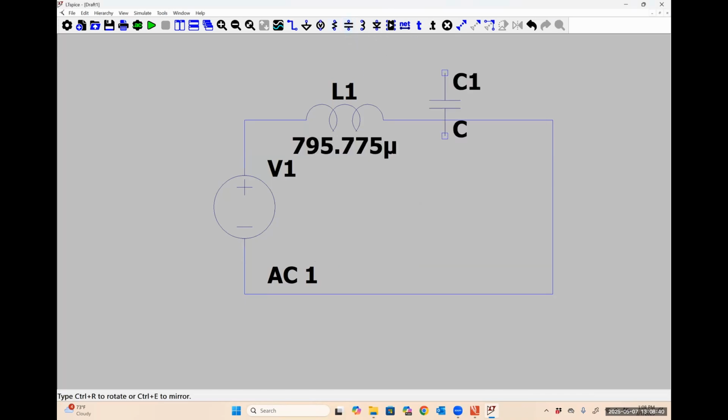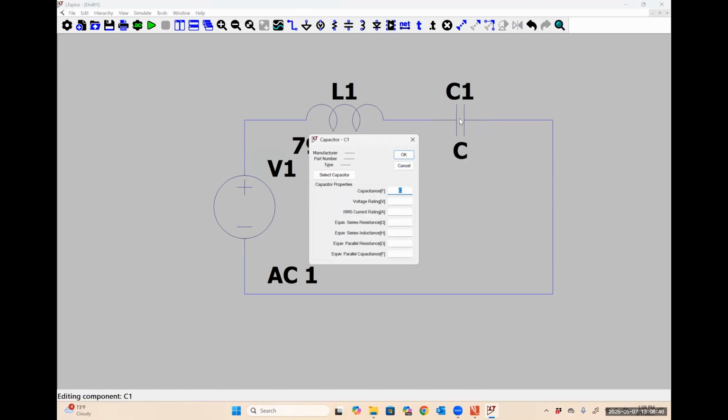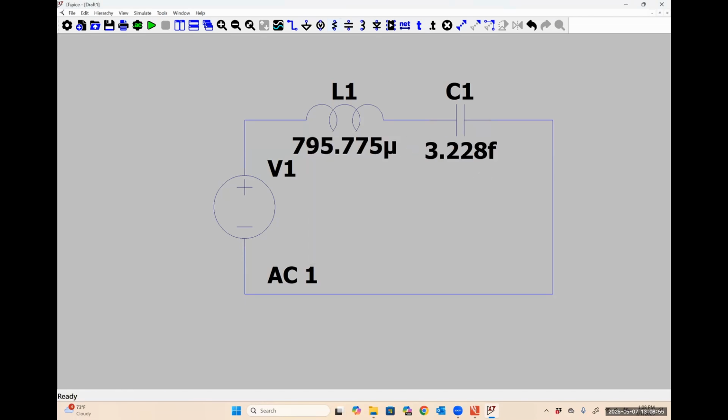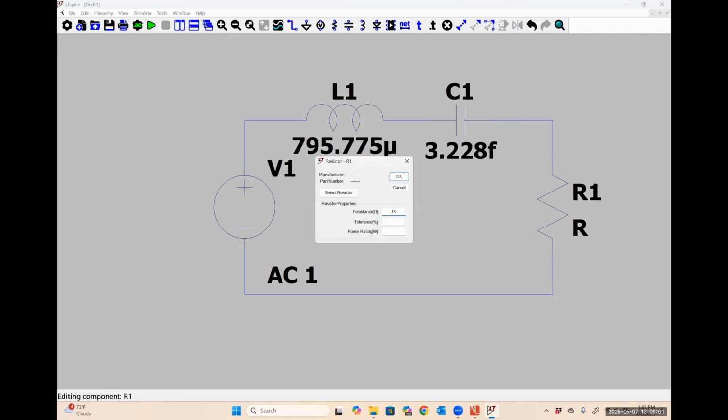For my capacitor, I'm going to drop that guy over here. And this guy was 3.228 femtofarad. So that's going to be just lowercase f. And then over here, I have my 1 kilo ohm resistor, which I feel like I probably should have made a 10 kilo ohm resistor, and that capacitor wouldn't have been quite as small, but it'll be okay.